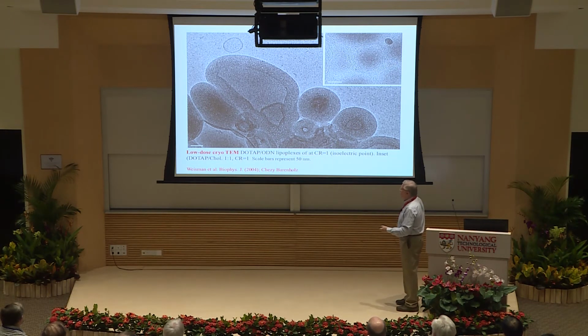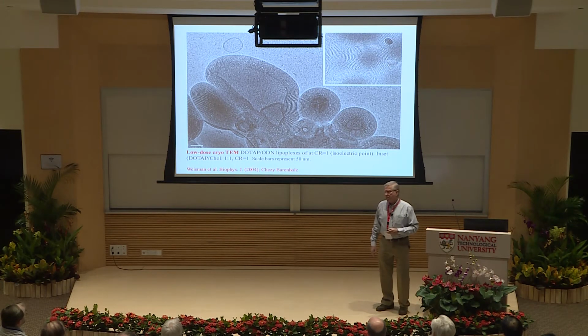I put it here in red, low-dose cryo-TEM. And by this I mean that all the images that you will see were taken with as few electrons as possible. This is essential because the electron beam is a very strong ionizing form of radiation, and if we are not careful, the structure will be destroyed before you are able to record the image.